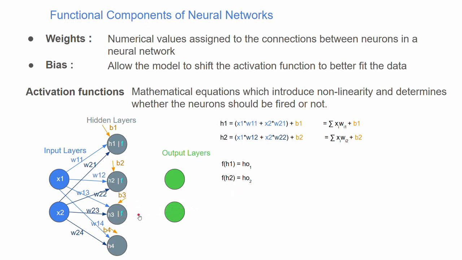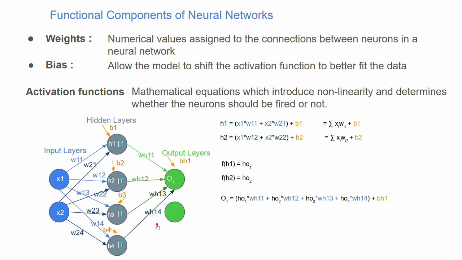Similarly, we have h03 and h04. Then we connect this layer with weights: from h01 we have a weight, from h02 a weight, from h03 a weight, and from h04 a weight. Then here we also need to add the bias, and then we get o1.